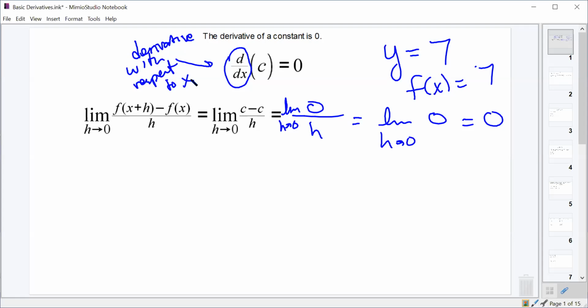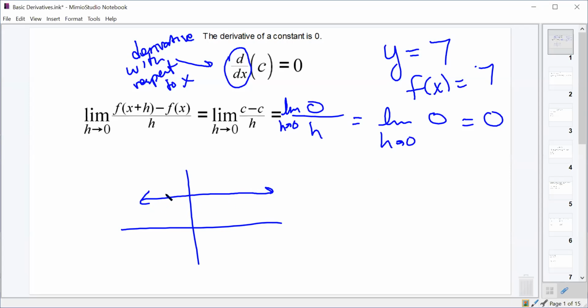And yesterday we talked about the fact that the derivative is the slope of the tangent line, right? Remember when we talked about that? Yes, didn't we talk about that yesterday? Oh, good. All right. So here's my constant function, y equals 7, let's say.